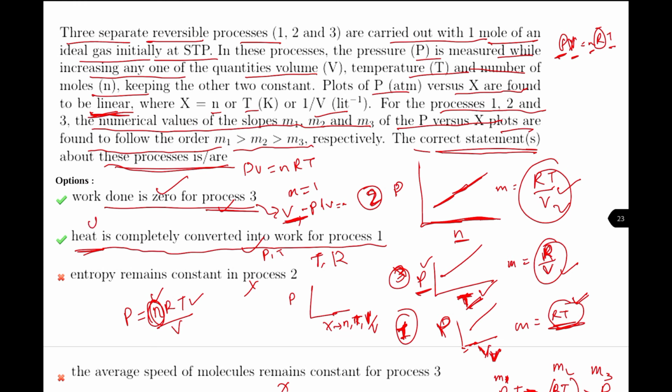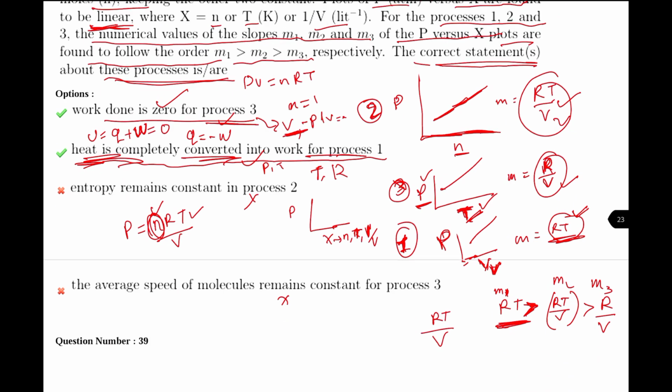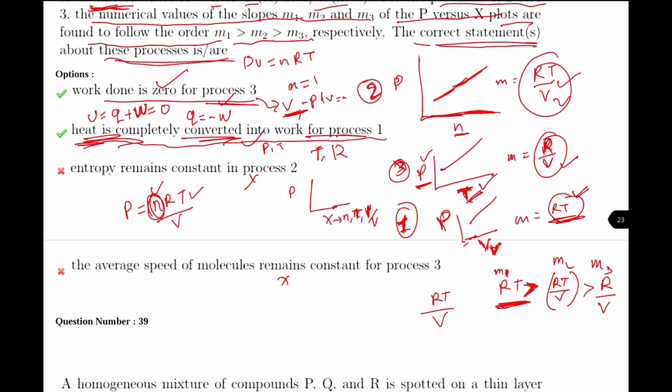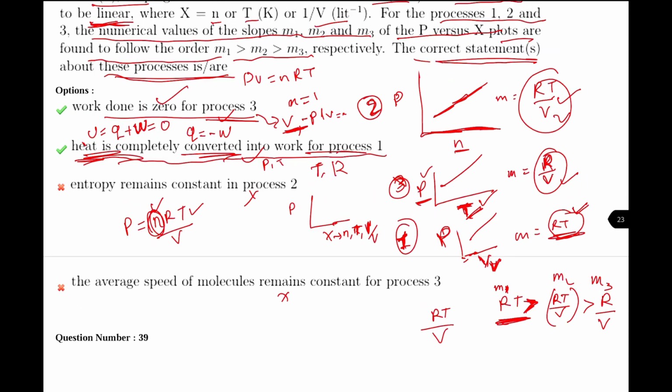So U equals Q plus W, which is 0. So Q is minus W. So the heat is completely converted into work, because when you are doing work, internal energy has to be the same. Change in internal energy is 0. So the work you are doing is coming at the expense of heat. So heat is converted into work.